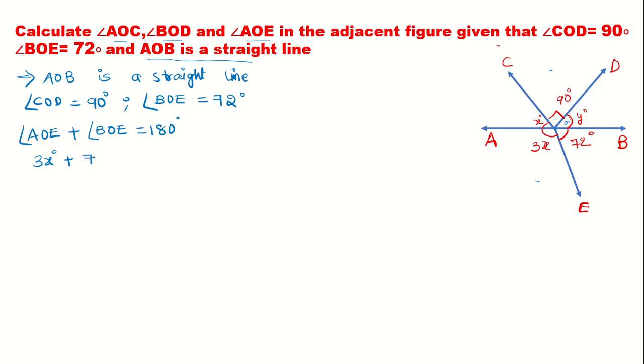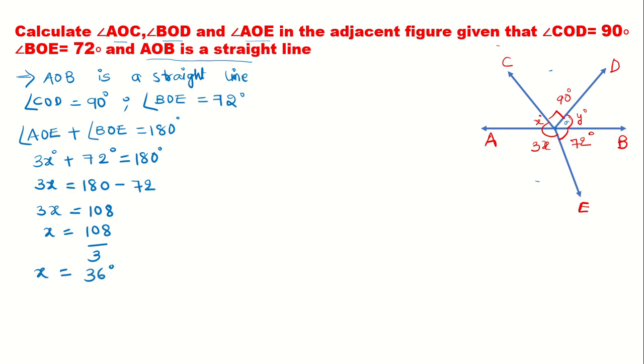It is 72 degrees which is equals to 180 degrees. Now, 3x equals to 180. Take this 72 to your right side. It will become minus 72. So, 3x equals to 180 minus 72 is 108. Now, x equals to 108 by 3. How much you'll get? You'll get x as 36 degrees.